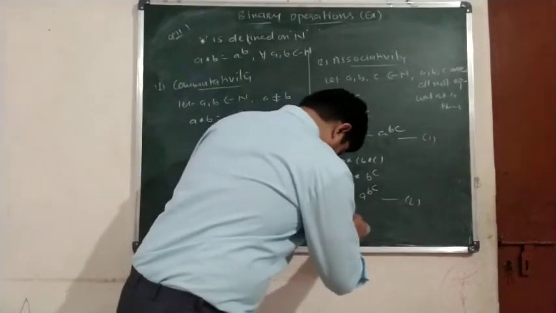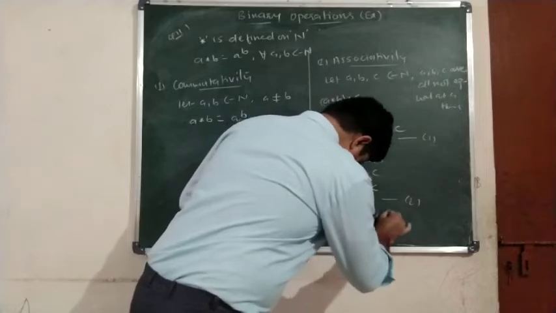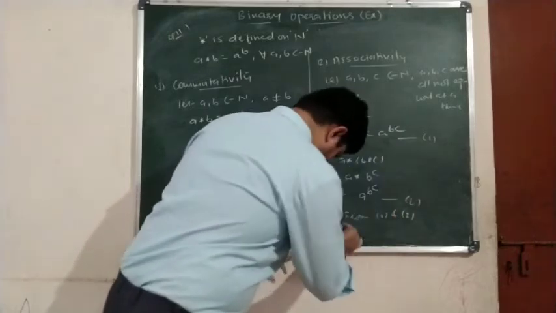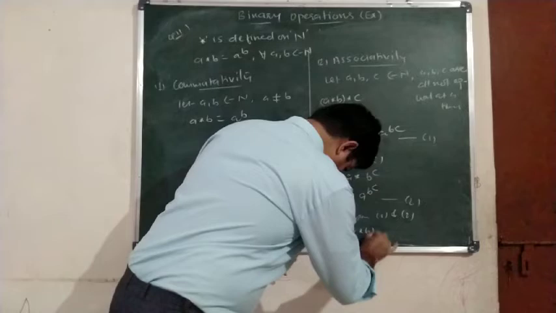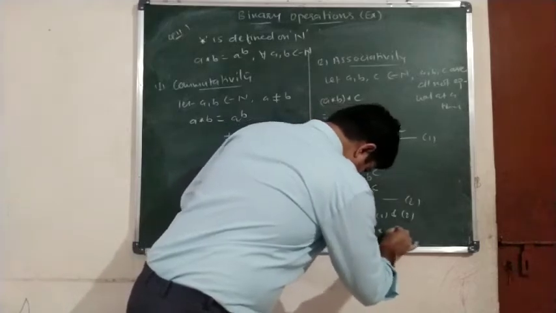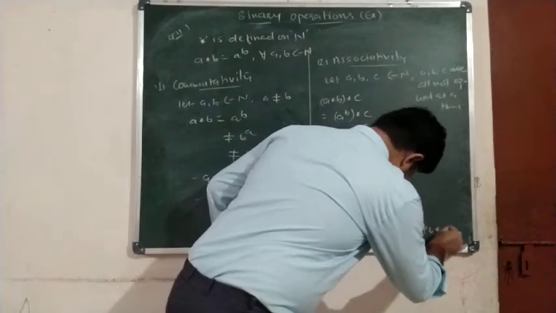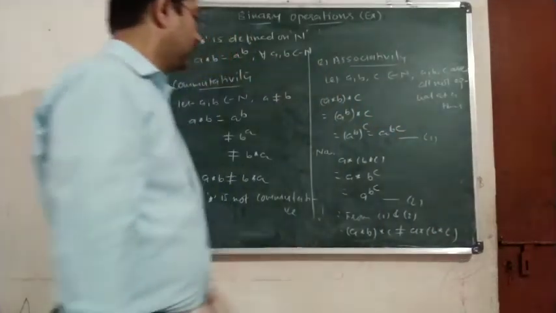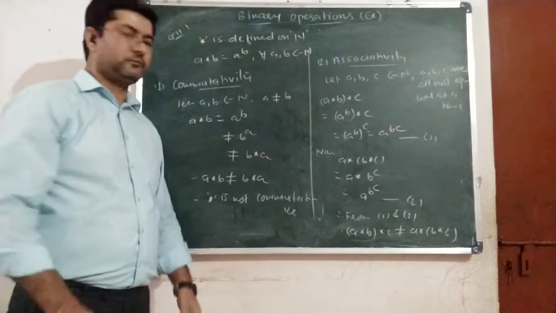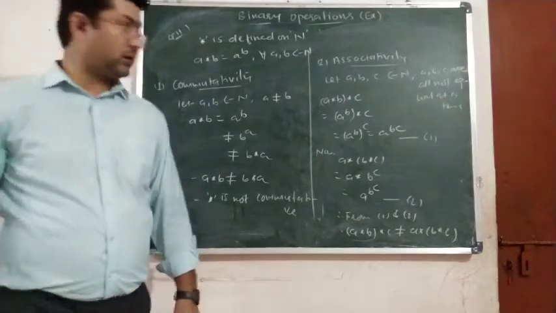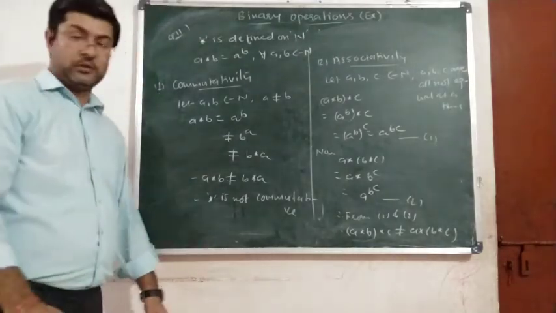Okay, and therefore from 1 and 2 we can say that a asterisk b asterisk c is not equal to a asterisk b asterisk c grouped the other way, and therefore the given operation is not associative. Please note down.